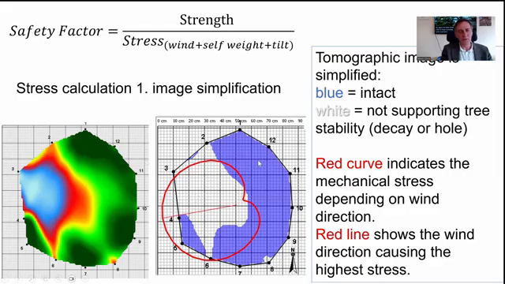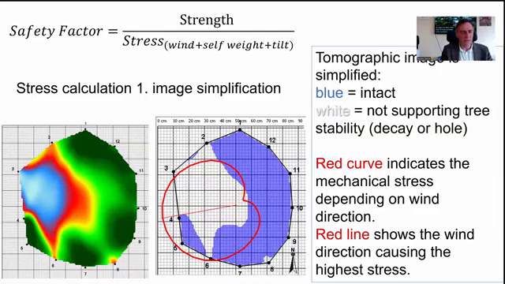The blue on the middle image indicates the intact material, and the white, where there is no color, indicates that part is not supporting the tree stability. It can be decay, a hole, or even a deep crack.